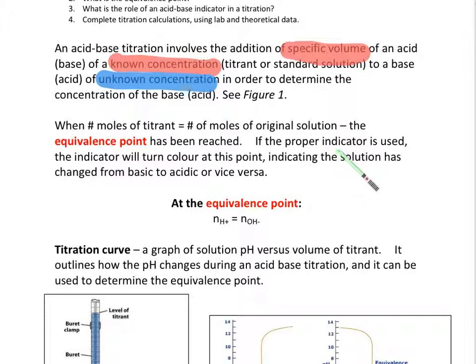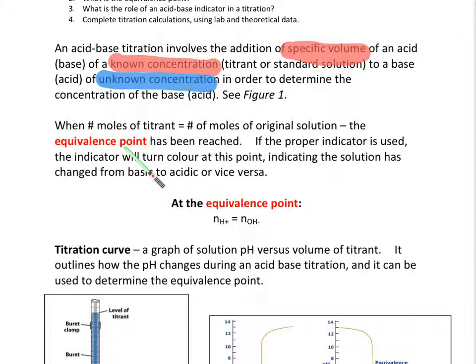If the titration is done properly, the indicator will turn color and correspond to the equivalence point. The point at which the indicator turns color is called the end point, and if the end point overlaps with the equivalence point, then you will be able to properly titrate a solution.